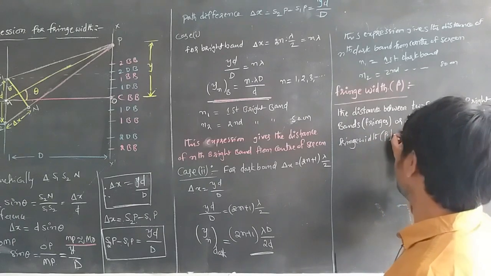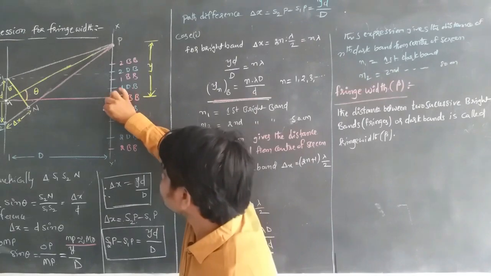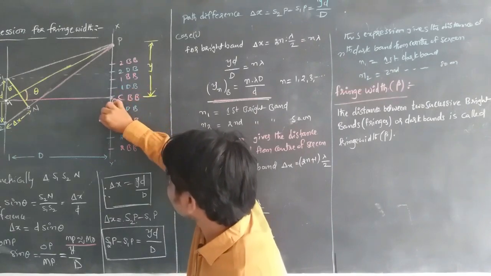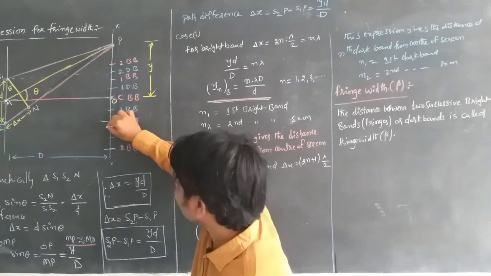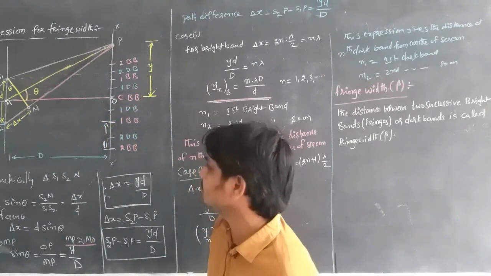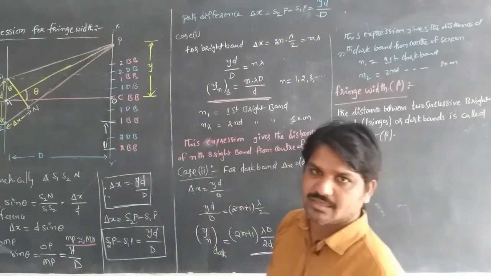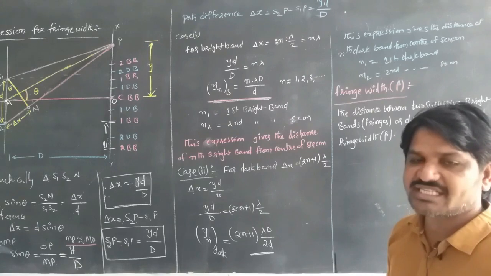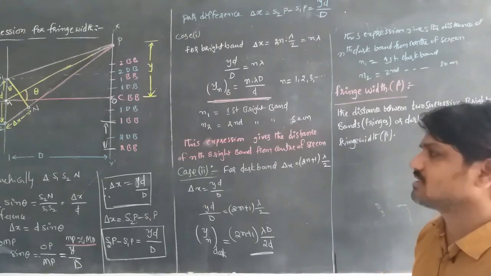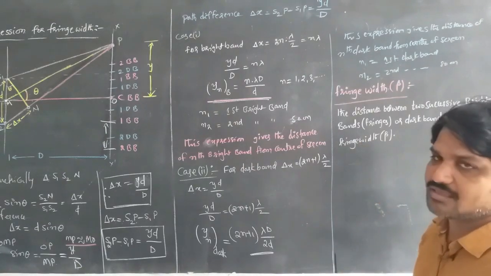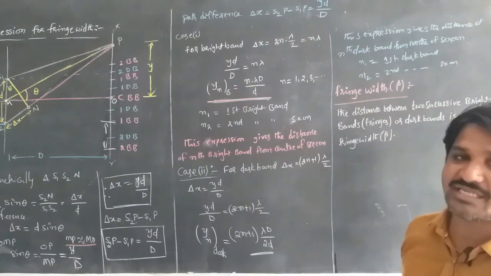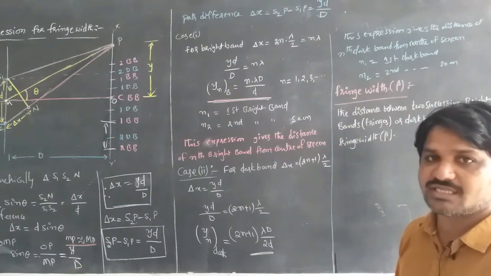Beta. Fringe width means the distance between two successive bright bands or two dark bands. The distance between two successive bright fringes or dark fringes is considered the fringe width.